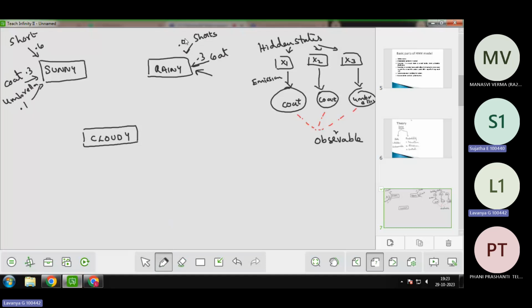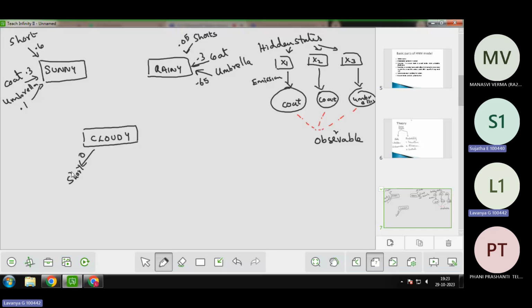Shorts is 0.3, so here it will be 0.65 that he carries an umbrella. Similarly, what is given for a cloudy day? On a cloudy day, him wearing shorts is 0. Let us assume that he does not wear shorts at all.